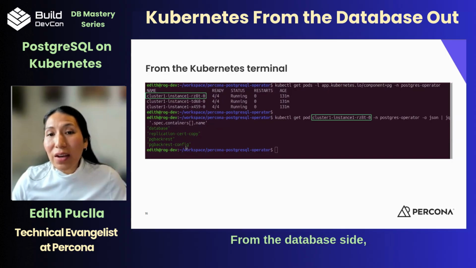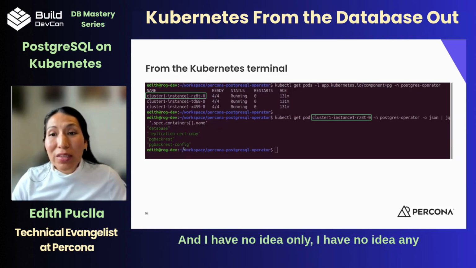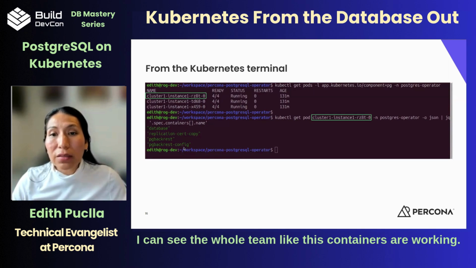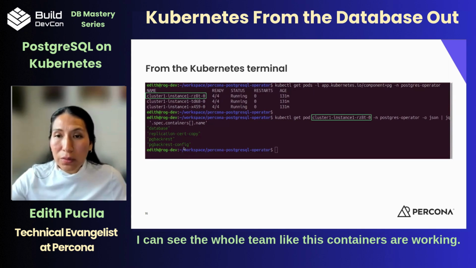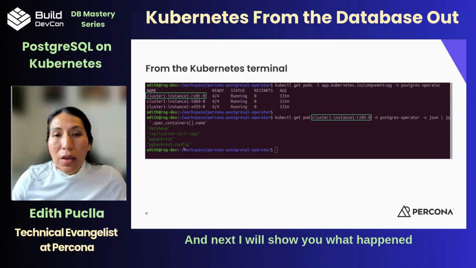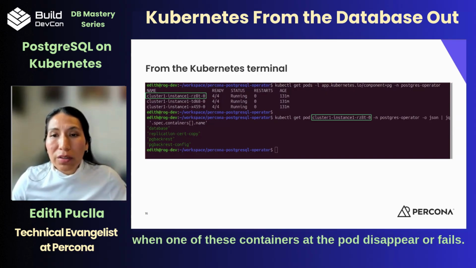From the database side, I just connect to PostgreSQL and run my queries, and I have no idea any of this is happening. But from the Kubernetes side, I can see the whole team, these containers working together, running, replicating, and backing up. And next, I will show you what happens when one of these containers in the pod disappears or fails.